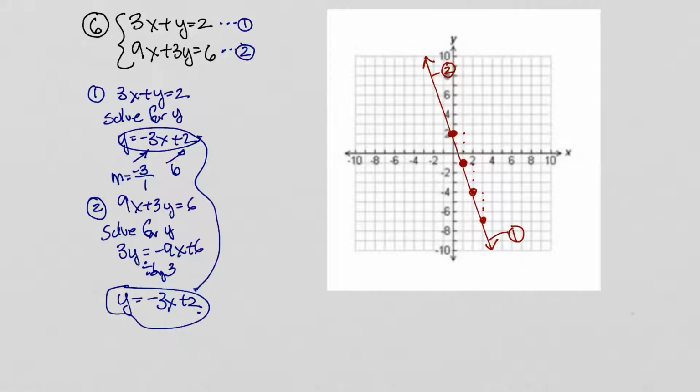So in this case, we have infinitely many solutions. So I'm going to write the solutions like that. Since these are coincident lines, that's what's happening here. These are coincident lines, and I'm going to say no unique solution.